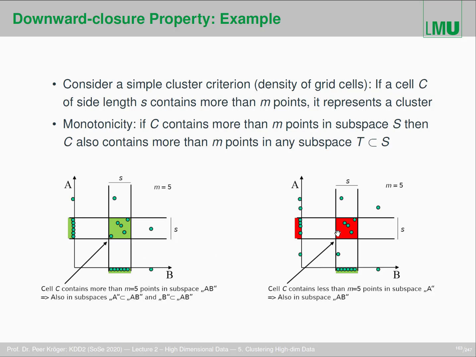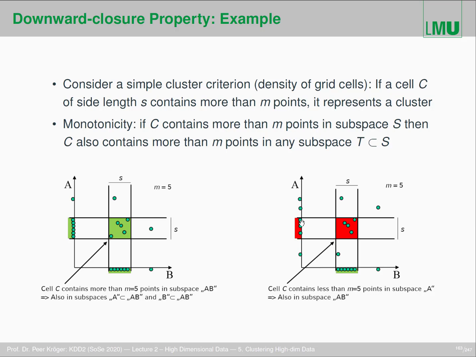The inverse application is: if a grid cell, like this one-dimensional cell along the A-axis, is not dense, so it only contains 4 points, then all grid cells of dimension 2, 3, 4, 5 and so on can also not be dense.